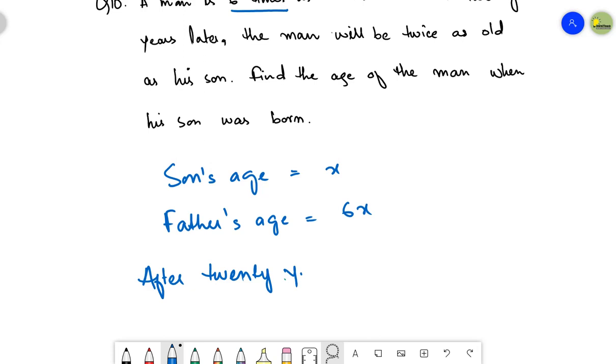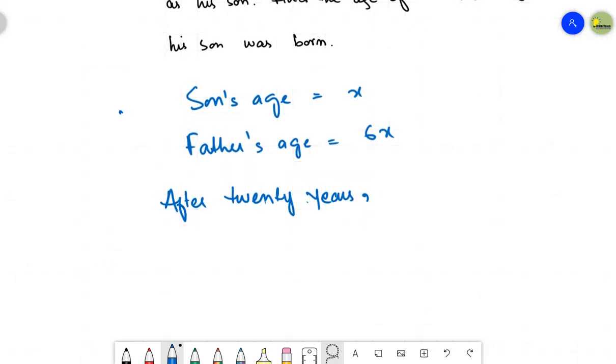If I consider the same ages, x and 6x, then after 20 years it is going to be just 20 more. It means x plus 20. You need to add 20 to the current age so that you can have the age after 20 years.